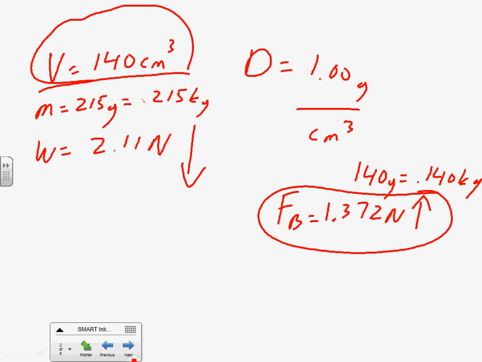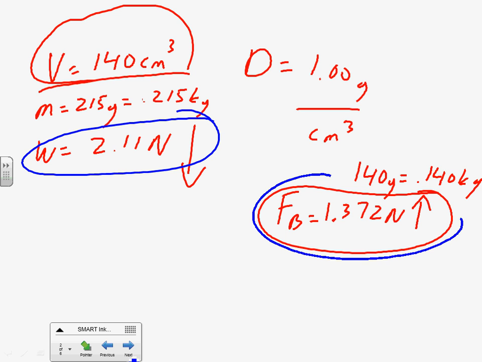And you all know that to find the acceleration, we first need to find the net force. So to find that, we're going to take our weight and subtract from it our buoyant force. We're going to take our downward forces, which are the biggest, and subtract from those our upward forces, which are smaller.